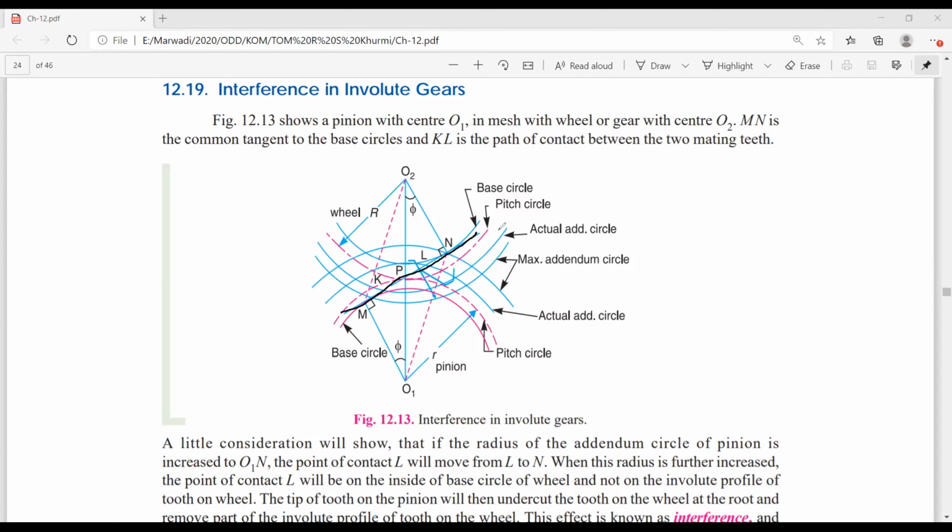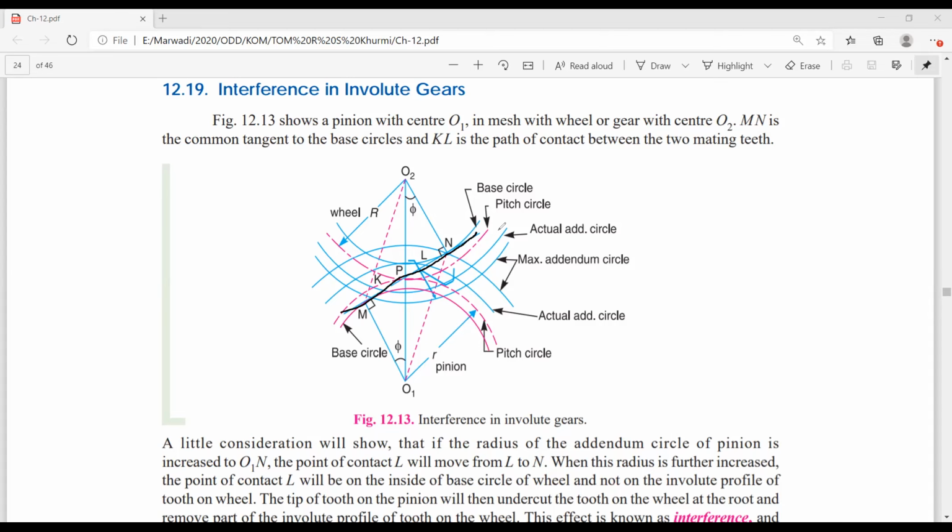Now the condition for avoiding the interference. What is the condition? This circle is the addendum circle of the pinion, the upper one, and this lower one is the addendum circle of the wheel.